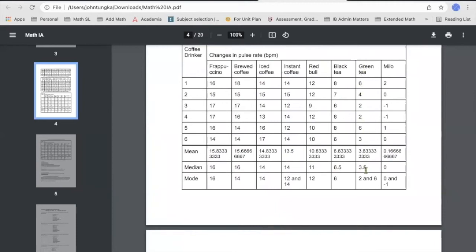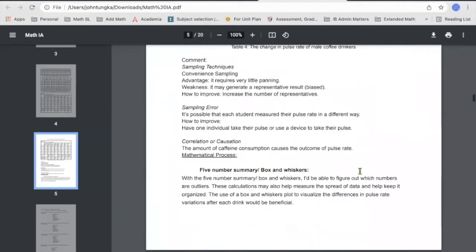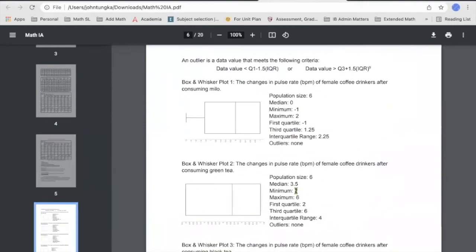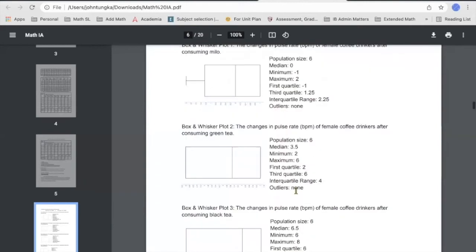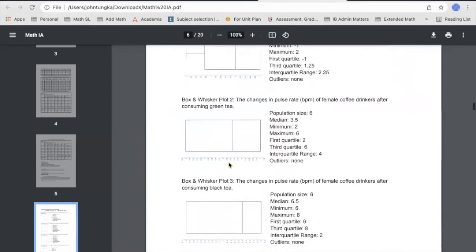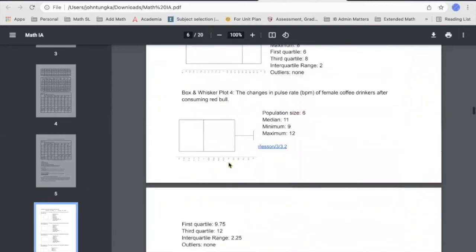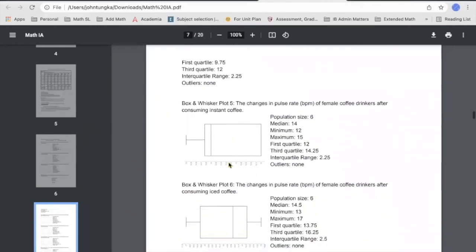Green tea median 3.5. That's also 3.5. So you are doing the same thing twice. That's redundant, so you have to avoid that, unless you want to compare the distribution, perhaps. For example, this belongs to female consuming green tea. And let's take a look at male consuming green tea.